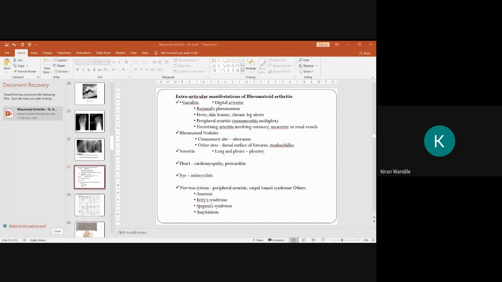And what is Sjogren's syndrome? Conjunctivitis.